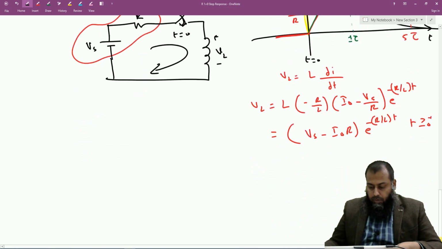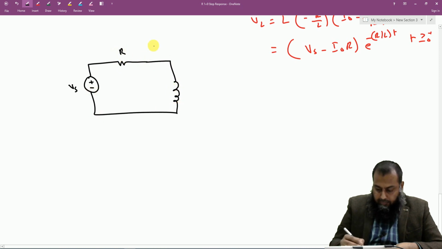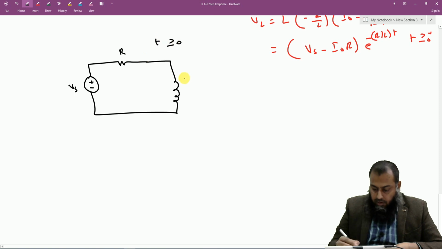So let me draw the circuit again. We have this Vs, we have this resistance R, and this is the circuit at time t greater than or equal to 0. First of all, let us see what the initial condition is.